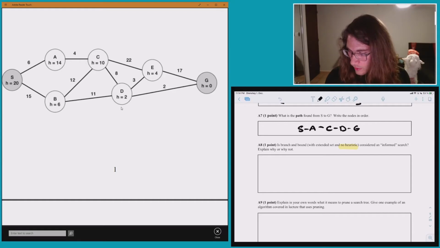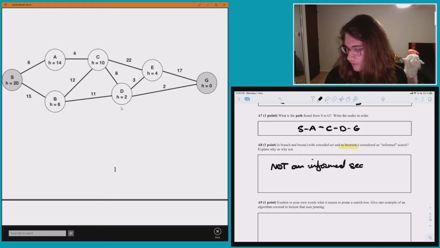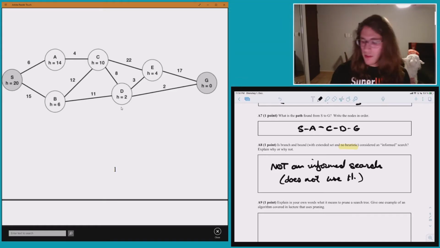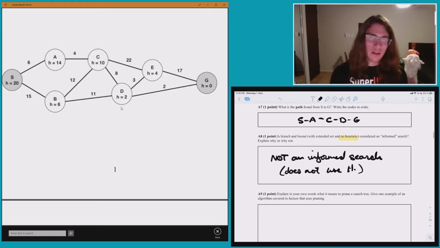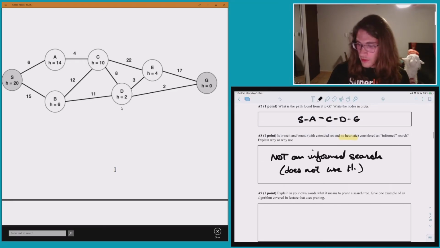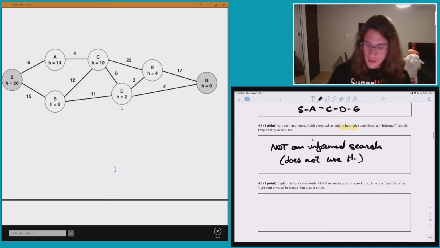So it is not an informed search, because it does not use heuristics, abbreviated H. Had it been branch and bound with extended set and heuristics, then one could argue it is technically an informed search, just because it uses heuristics. I would still say it's an optimal search because it uses path length.